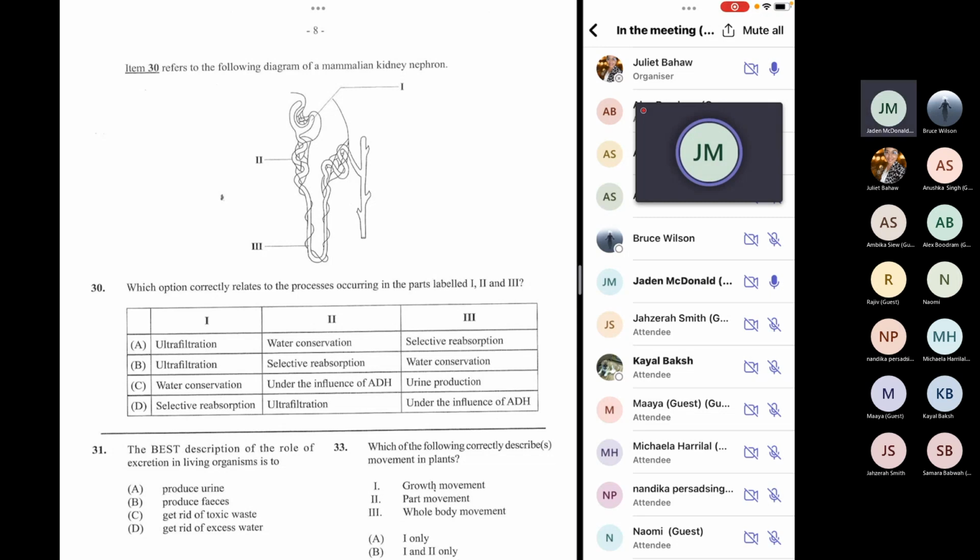I put B, ultrafiltration, selective reabsorption, and water conservation. Where do they all come from? That's Roman numeral 1, 2, and 3. I only hear I. All right. Okay, so 30 is B.